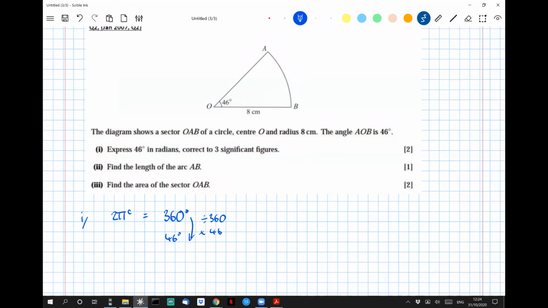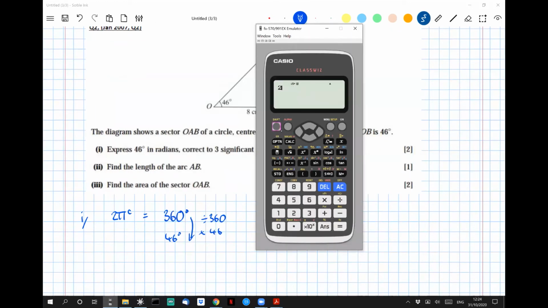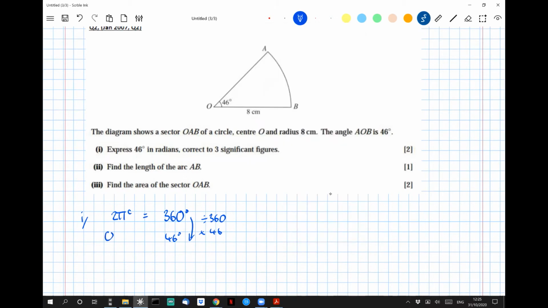Do it at the other side. So 2 pi divided by 360 times by 46 equals 23 over 90 pi, but it actually asked for the answer to be correct to 3 significant figures. So that's what we're going to do, 0.803 radians.